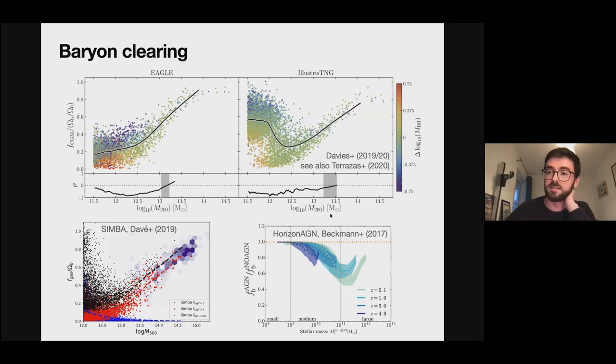And this is something that is seen across many of the flagship large-scale simulations of the day. So these are figures from Eagle, from Illustris TNG, Simba, Horizon AGN, and they all show roughly the same thing, which is the content of the CGM, f_CGM, versus halo mass.